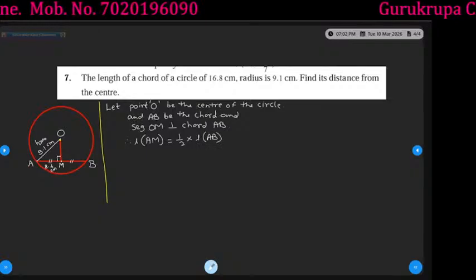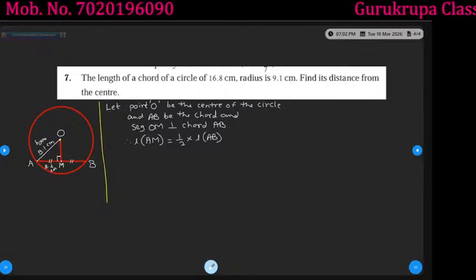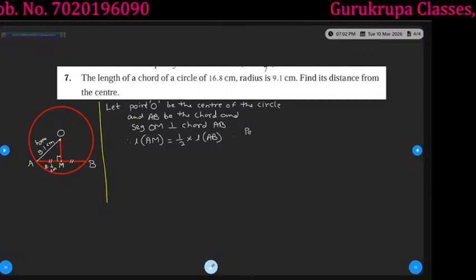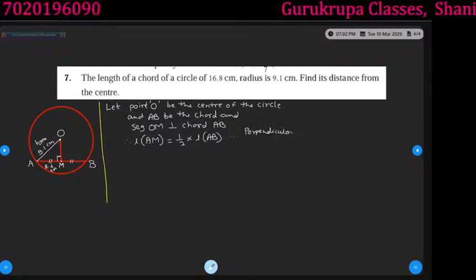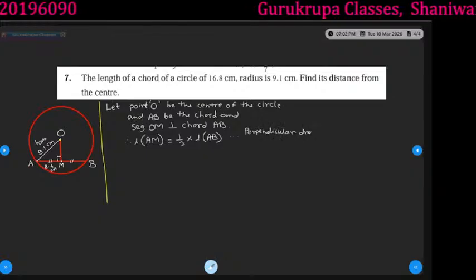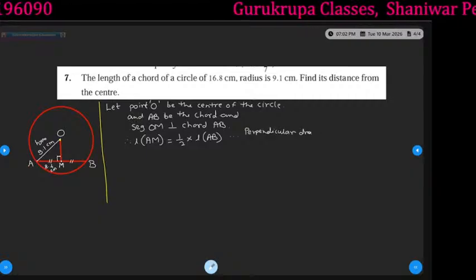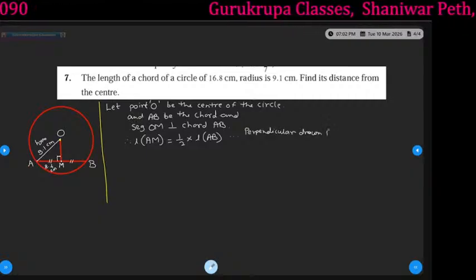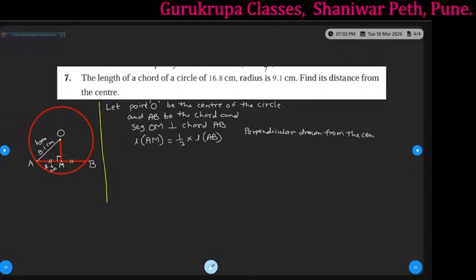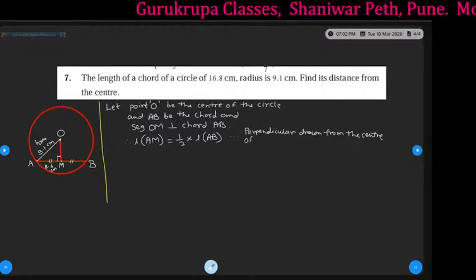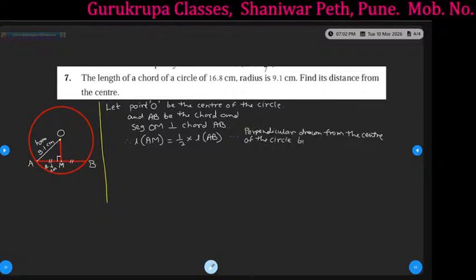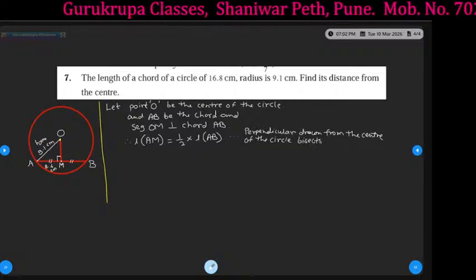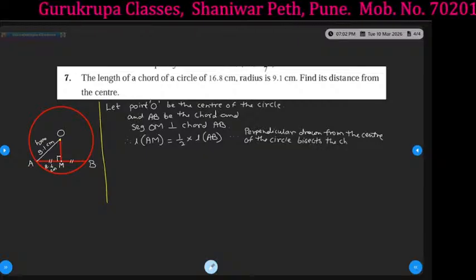Perpendicular drawn from the center bisects the chord. Here we can write down the reason: perpendicular drawn from the center of the circle bisects the chord.